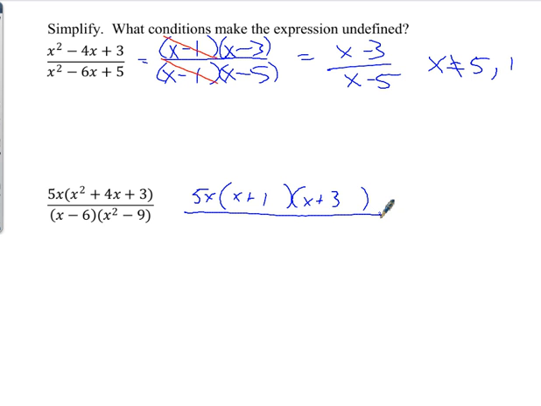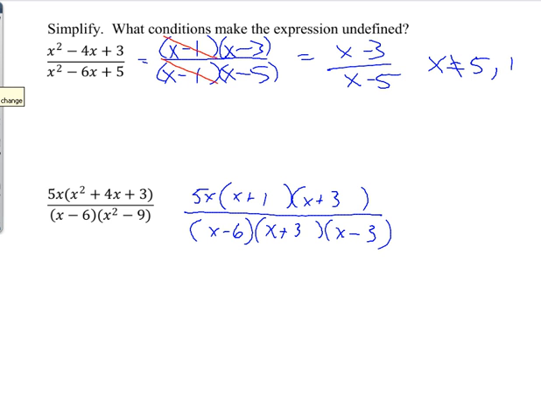Divided by, does the bottom x minus 6 factor? No. So I'm going to rewrite it, x minus 6. Does x squared minus 9 factor? Yes, that's one of our special cases. What does it turn into? X plus 3, x minus 3. That needs to be automatic when you see those. Okay, do I have any fancy ones I can get rid of?